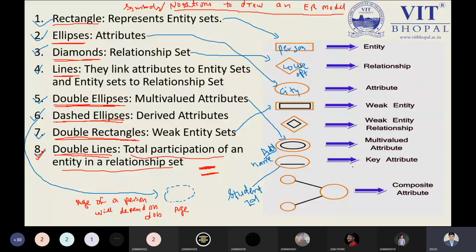So let me explain when we have to discuss the key attribute. Key attributes means, suppose we have the primary key. At that time, this attribute will be designed this way and marked by an underline. Okay, so this is the point.